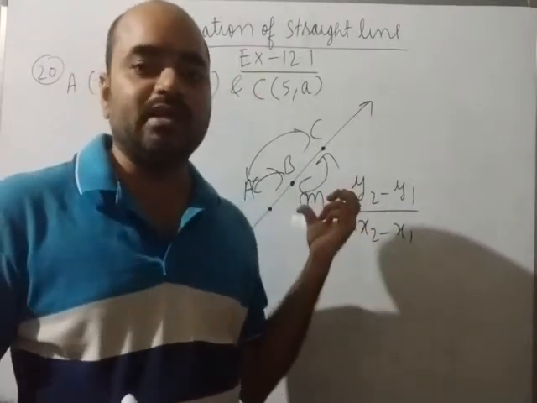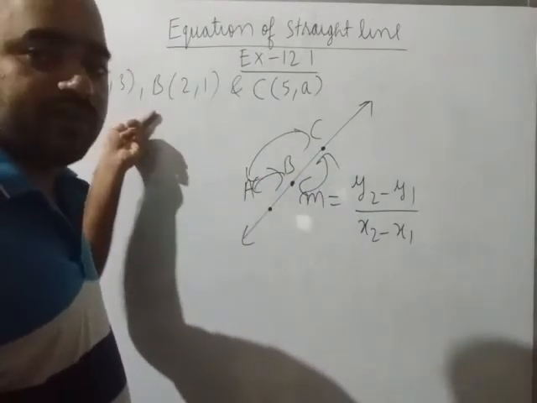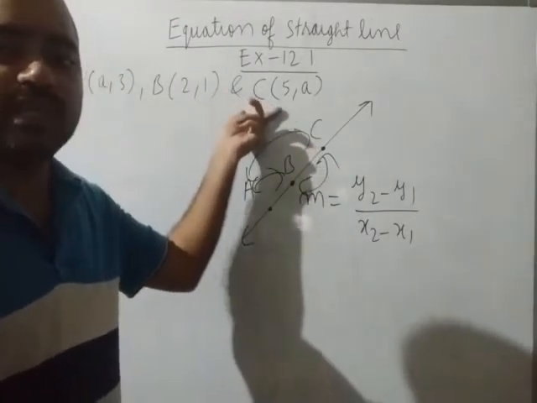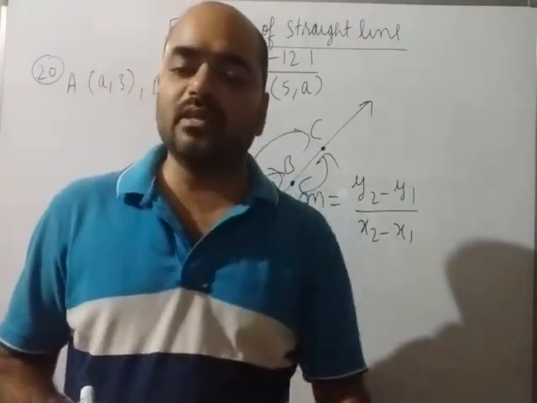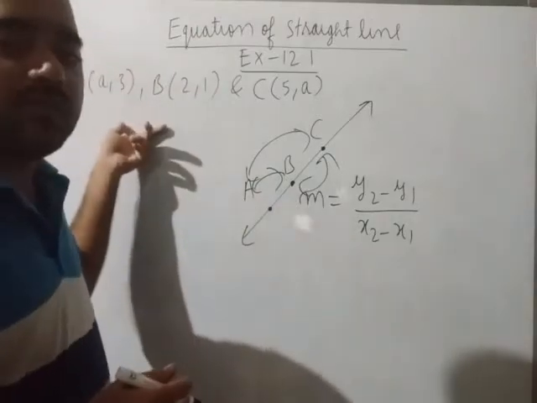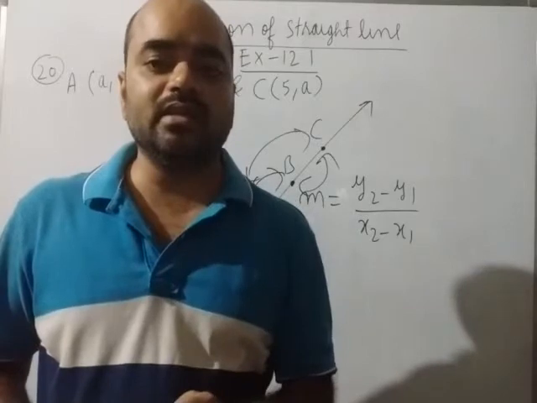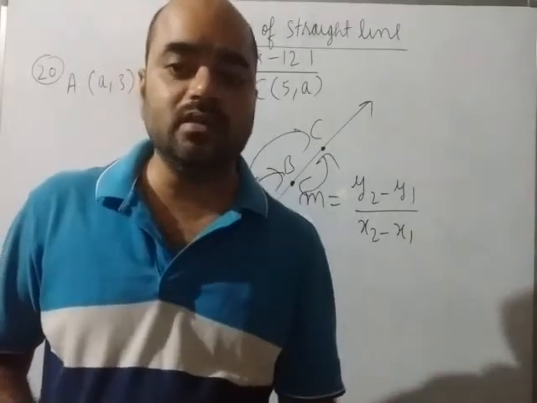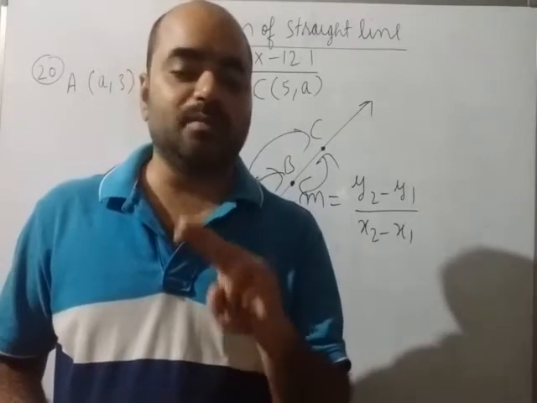First, you can find the slope of AB, slope of BC and slope of AC. All must be the same. Second method, you find the equation of a line using any 2 given points, and after finding the equation, satisfy the third point. So there are 2 methods for proving that the points are collinear.